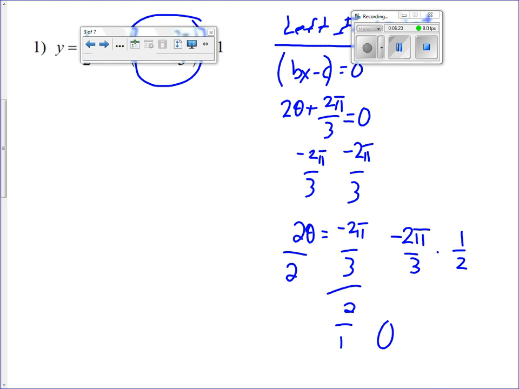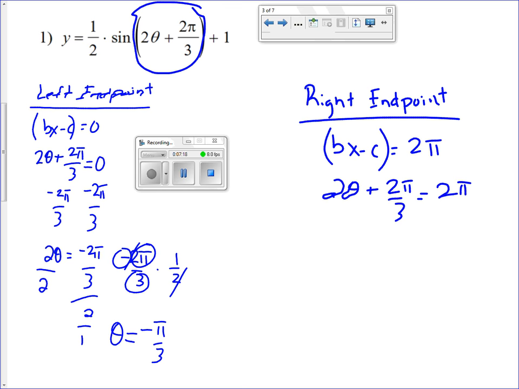And if you think about if I started at 0 for the left and ended at 2 pi, that would be one cycle of the function and also one cycle of the unit circle. So 2 theta plus 2 pi over 3 equals 2 pi. Subtract 2 pi over 3.